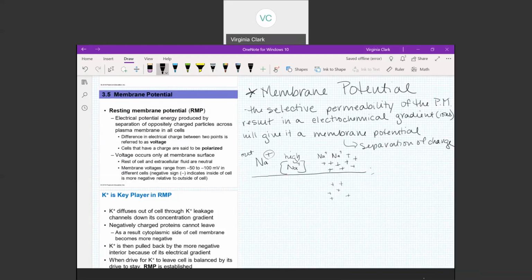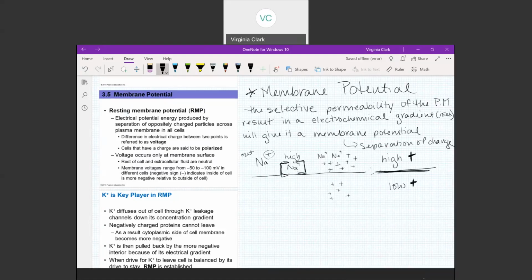So you created a high positive and a low positive. So not only have you created a high concentration of the actual molecule, you have created a concentration of the actual charge. So this is going to be a high positive, and this is going to be low positive. So there's a lot more positives outside and not a lot of positives inside. And you're going to separate it by this plasma membrane. So you've separated these charges.